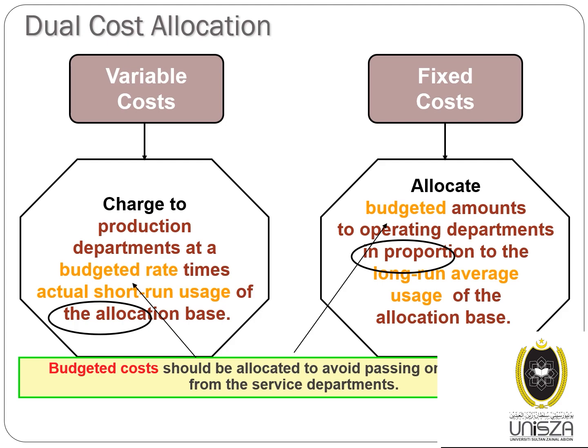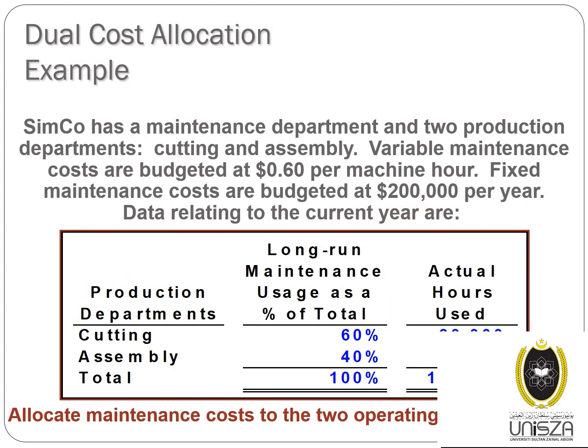We look at the example of the dual cost allocation. The company Simco has a maintenance department and two production departments, cutting and assembly. Variable maintenance costs are budgeted at $0.6 per machine hour. Fixed maintenance costs are budgeted at $200,000 per year.